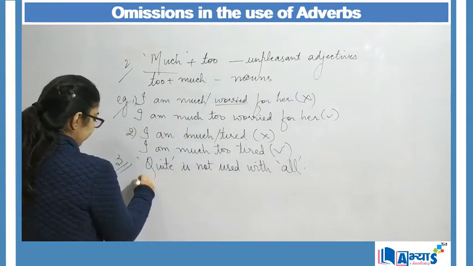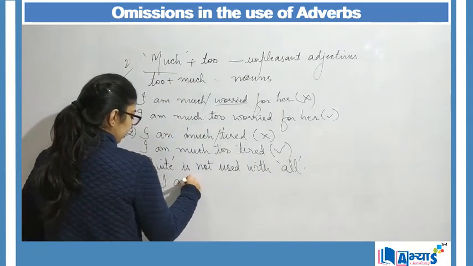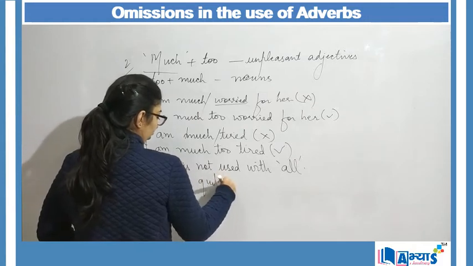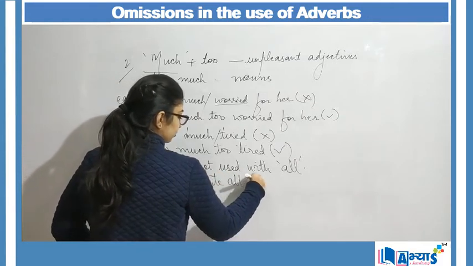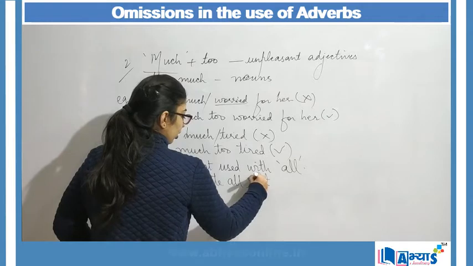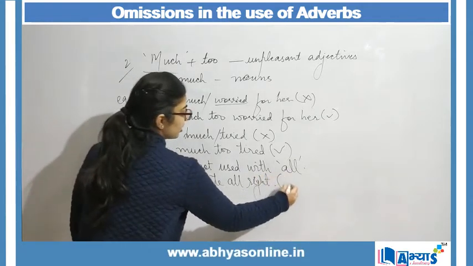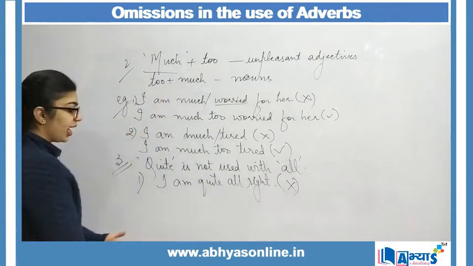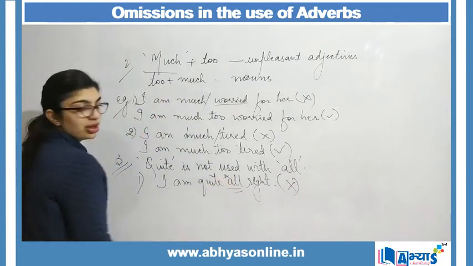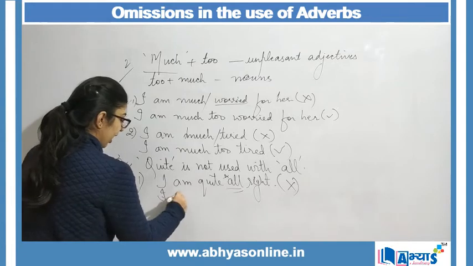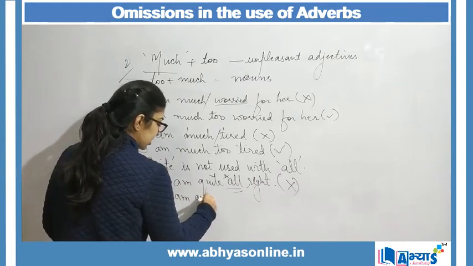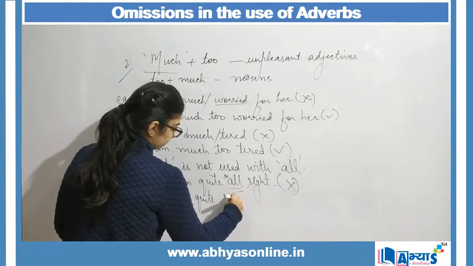I say, I am quite alright. Whenever I say I am quite alright, my sentence is wrong because here I do not make use of all. I will say, I am quite right.